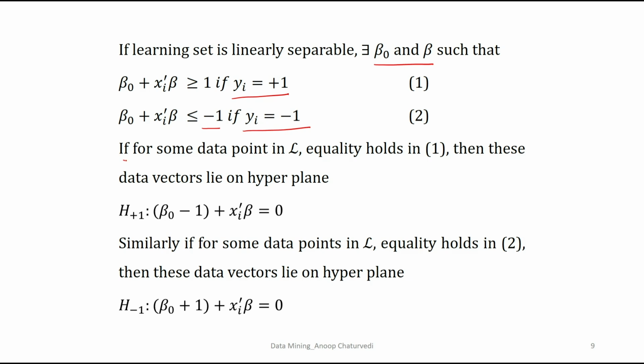Now, if for some data point in L equality holds in 1, then these data vectors lie on the hyperplane, say h plus: beta naught minus 1 plus xi transpose beta equal to 0. Similarly, if for some data points in L equality holds in 2, then these data vectors lie on the hyperplane h minus: beta naught plus 1 plus xi transpose beta equal to 0.